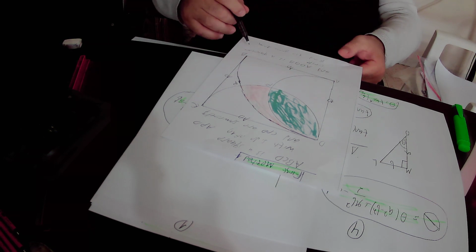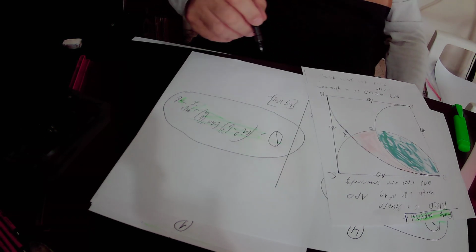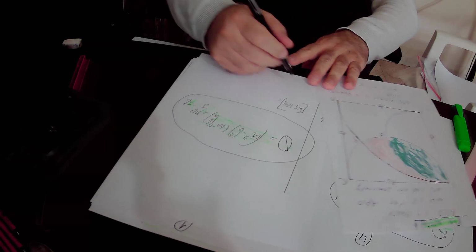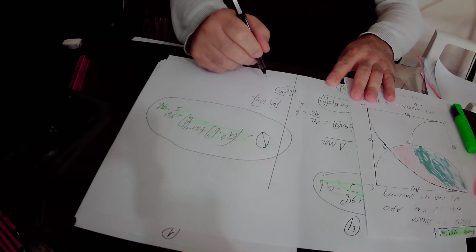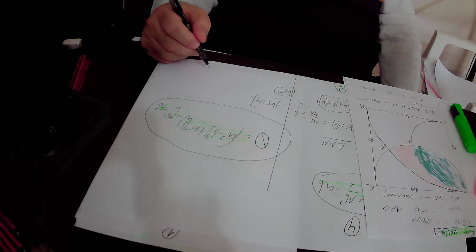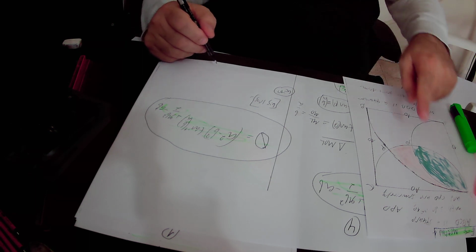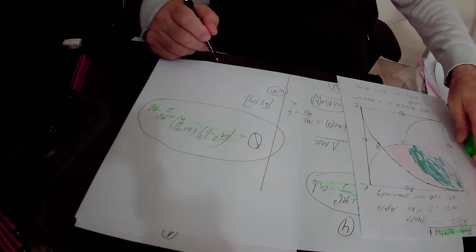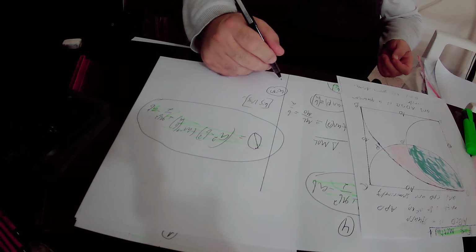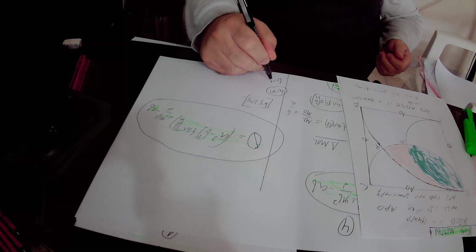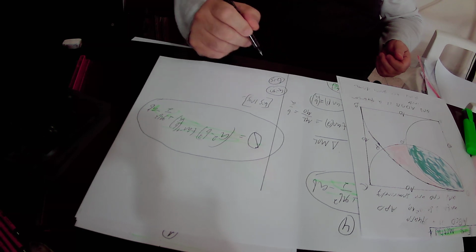The radius of the quarter circle equals 10. So here A equals 10 units, and the radius of the semicircle. We know that the diameter of this semicircle is equal to 10 units, therefore the radius will be half of it, 10 over 2, that is 5. So B equals 5 units. B is the radius of the semicircle.